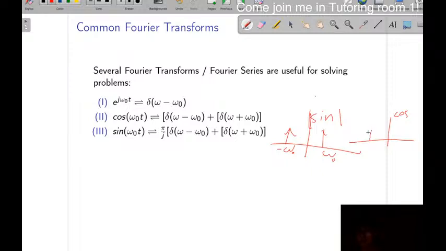The phase spectrum of sine is going to have spikes at omega 0 and negative omega 0. These are going to be at 90 degrees and negative 90 degrees, at the same values in frequency.